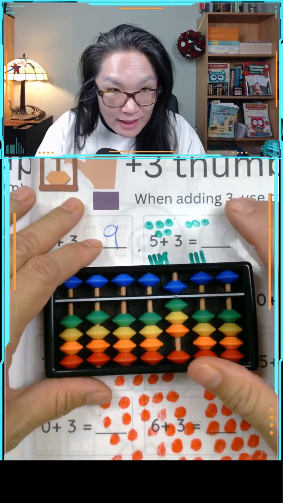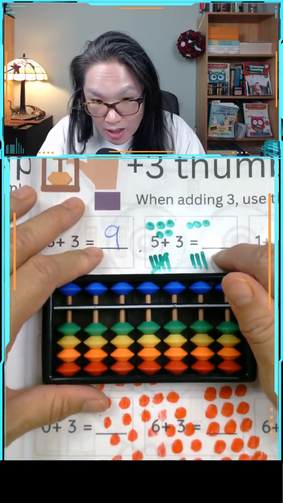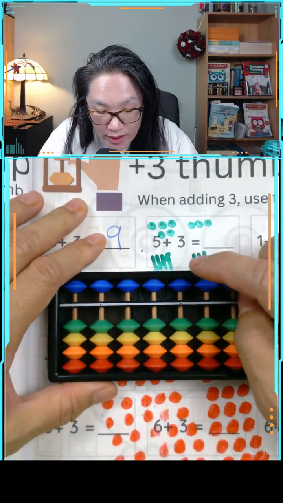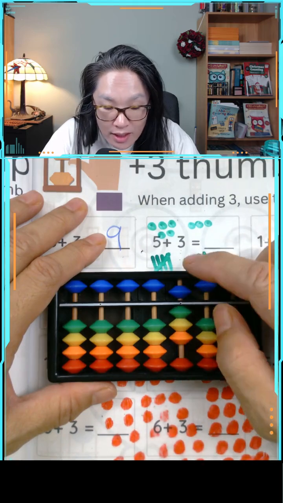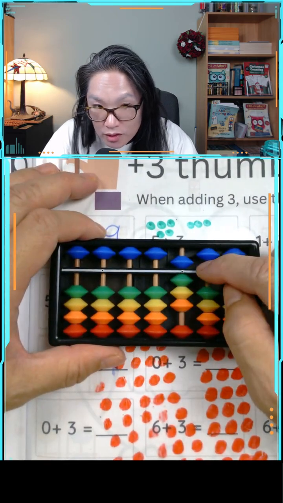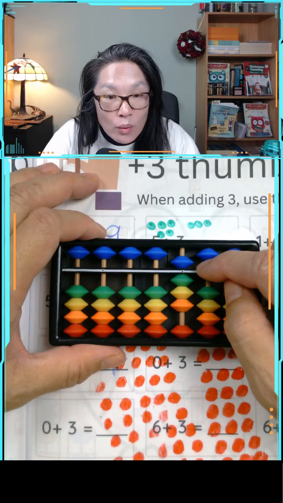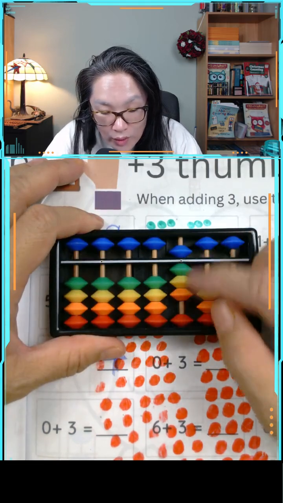So in mainstream world, you could do dots, or you could do abacus, or you could do tallies. I like to do the abacus, right? Because I can subitize. Subitize means that if I look at the number, I know what it is. If I add the 5, I add the 3, I know that this is 8. Notice when I go to the horizontal bar, I'm adding. When I go away from the horizontal bar, I am subtracting. So I can do it one step further.